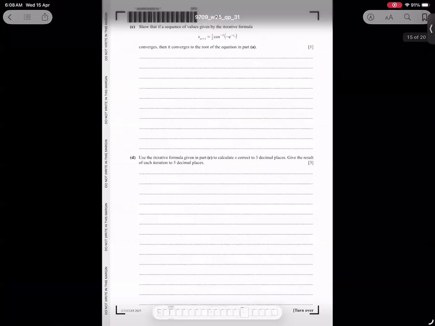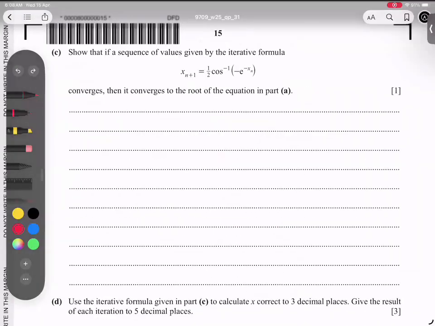The next part of the question is: show that the sequence of values given by the iterative formula converges to the root in part A. Basically, we first have to remove subscripts. This word is not important to write.